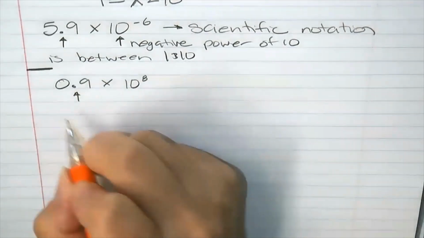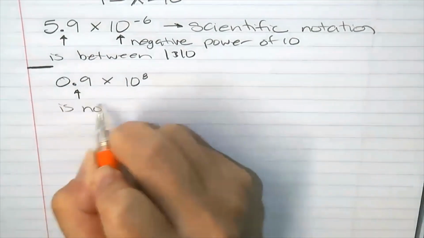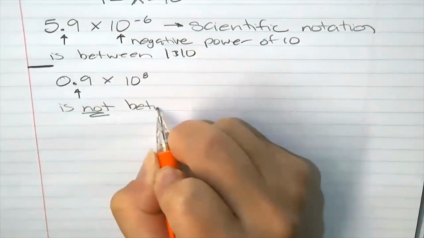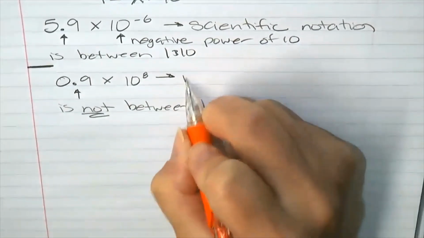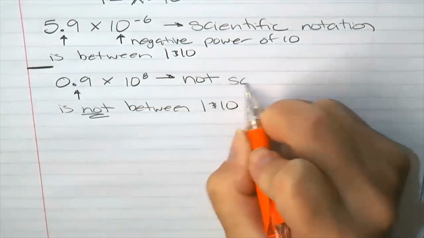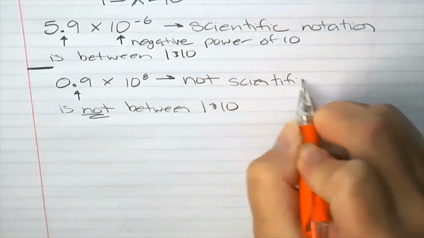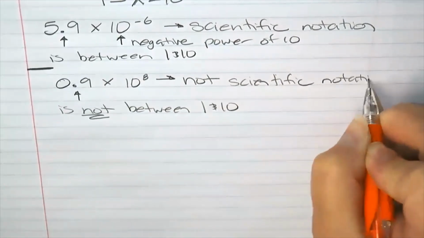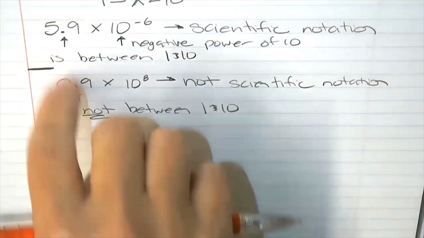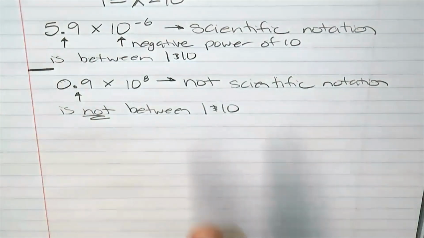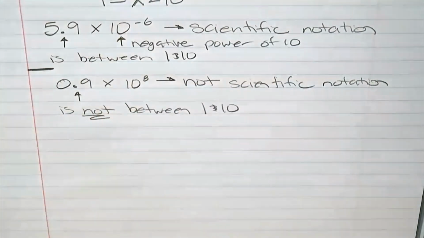So this is not between 1 and 10, and we're done. So this is not scientific notation. So for it to be scientific notation, your first factor has to be between 1 and 10, and your second factor is either a positive or negative power of 10.